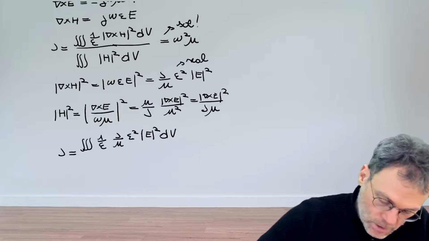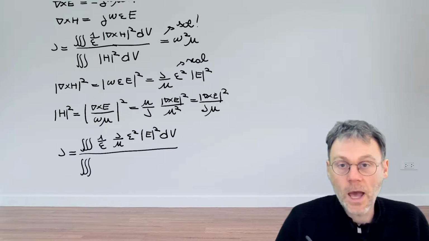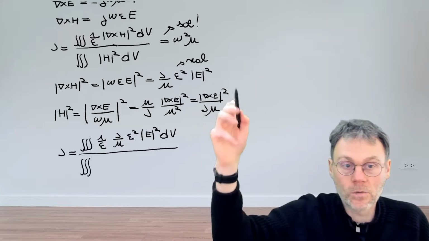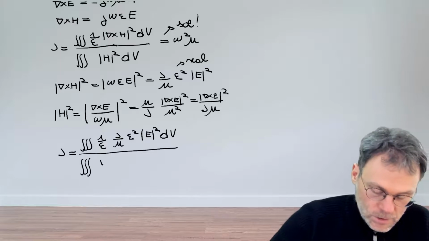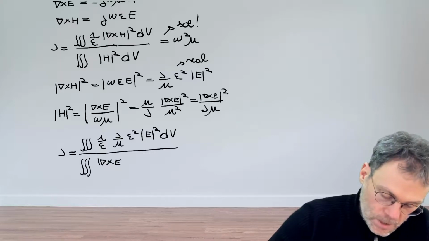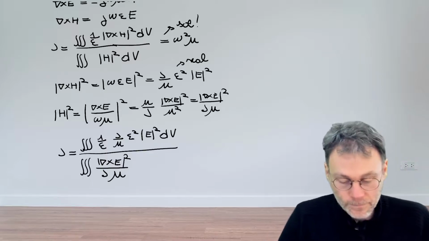That's the numerator. And then the denominator: we had H squared, and H squared is just this thing over there. So that will give us the curl of E squared divided by J mu.